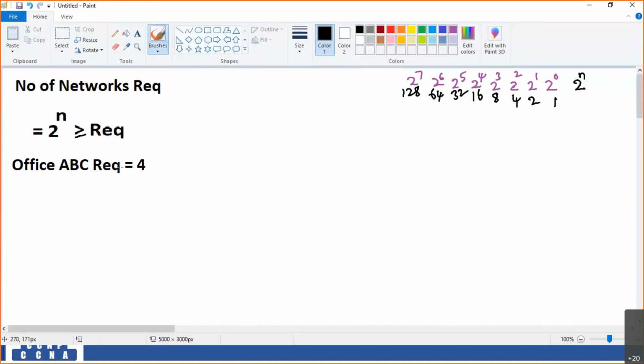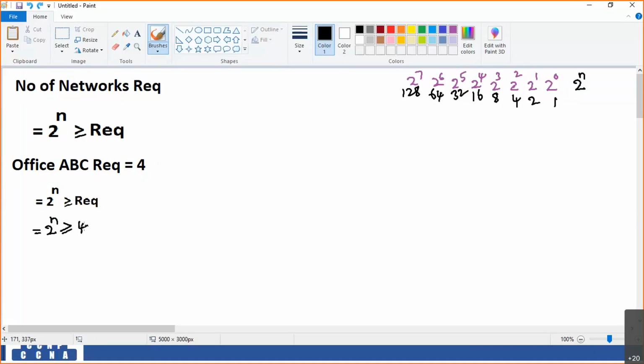Now what is the formula we have to use? 2 power n greater than or equal to requirement. So 2 power n greater than or equal to, what is the requirement? Requirement is 4.